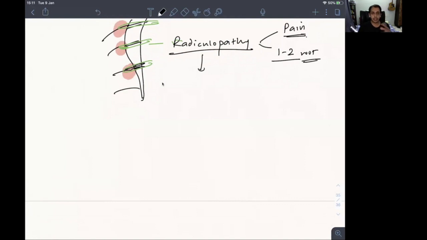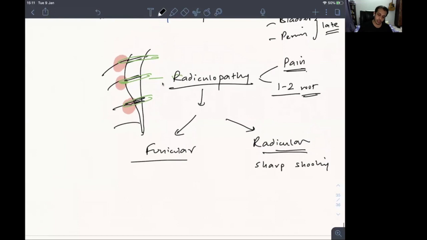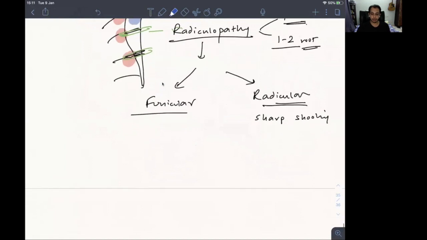Coming to radicular pain, there are basically two types of spinal cord pains. One is funicular and one is radicular. The main difference is that radicular pain is because of root compression, so it is a sharp shooting pain. And funicular pain is because of lesions inside the cord. So if there is a lesion within the cord structure, then it will lead to a funicular pain.